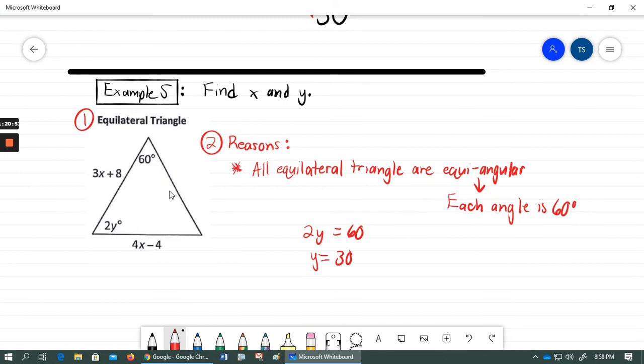All right, and so then our next thing, since we know that it's equilateral, really, folks, with this one here, you just need to know the definition of equilateral. Seriously, the fact that we're talking about a triangle where all three of the sides are equal to each other.